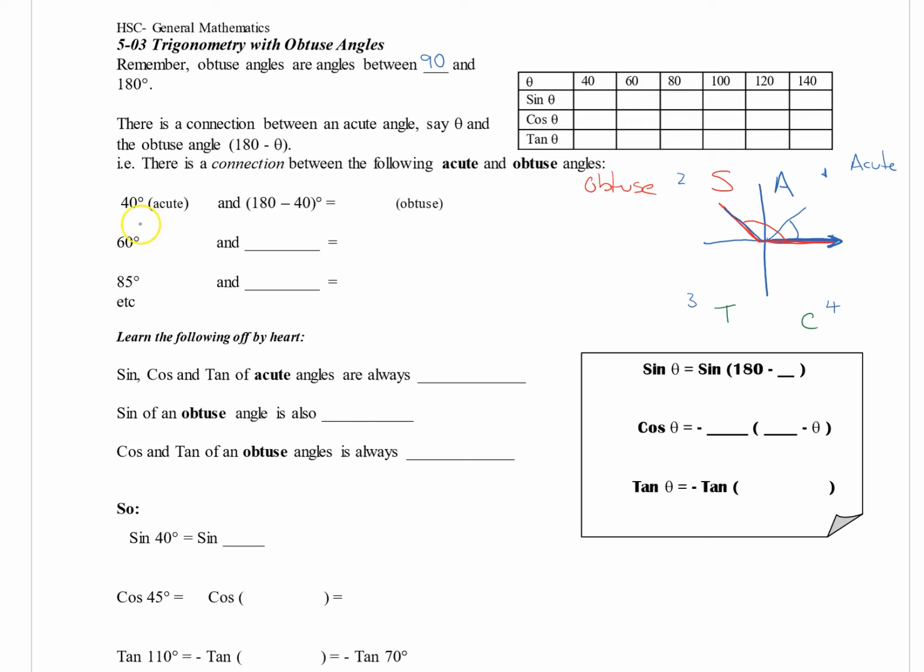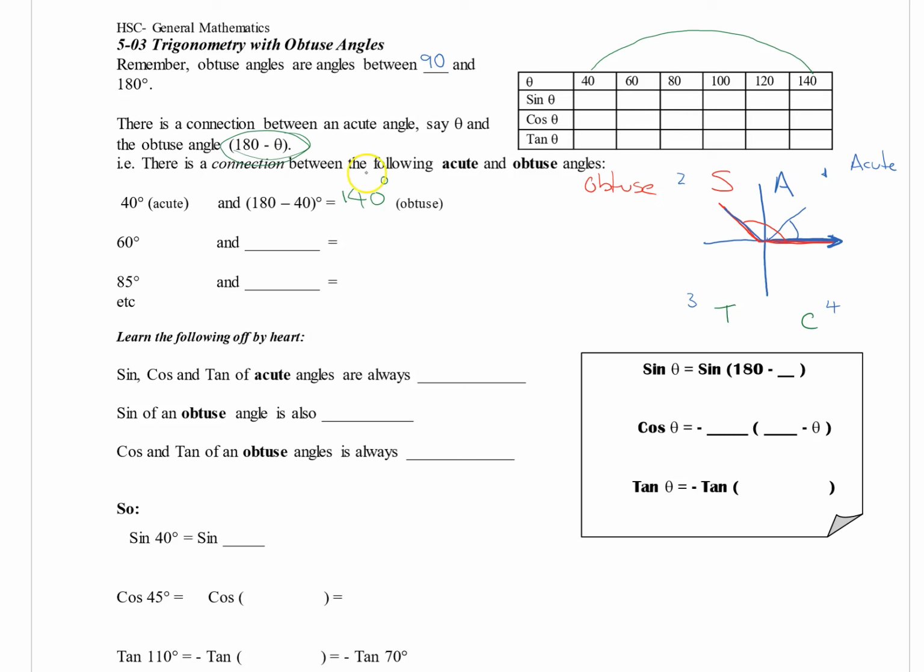So if, for example, we took 40 degrees as our acute angle, then the corresponding obtuse one in this format here is 180 minus 40, which is 140 degrees. So you can see in the table I'm going to look at 40 and I'm also going to look at 140.